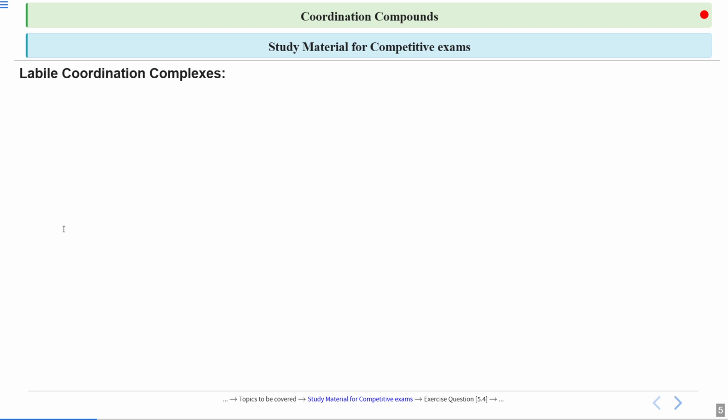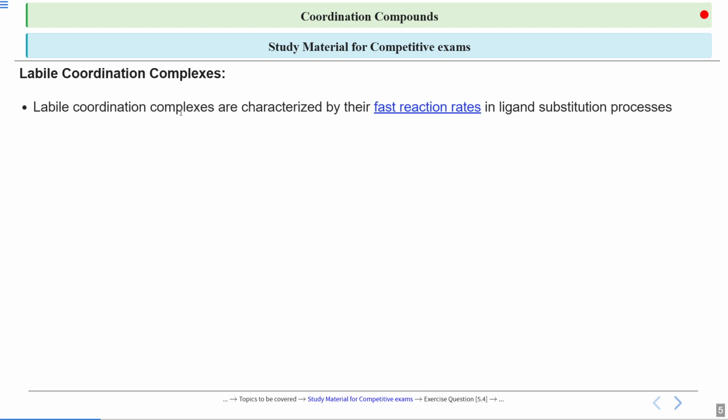So first of all, let's begin with the first topic, that is labile coordination complexes. Labile coordination complexes are characterized by their fast reaction rates in ligand substitution processes.